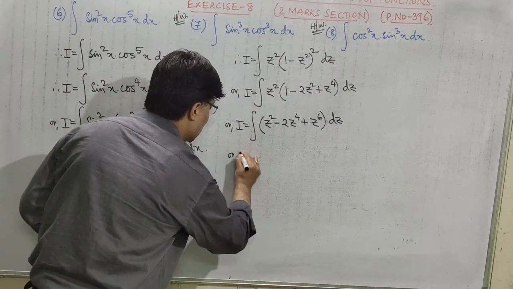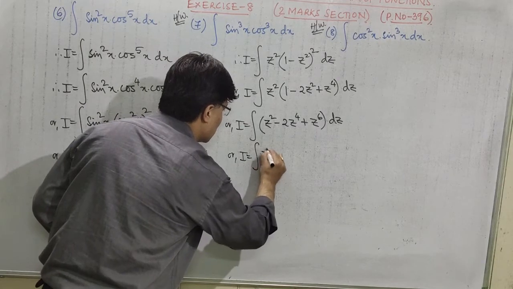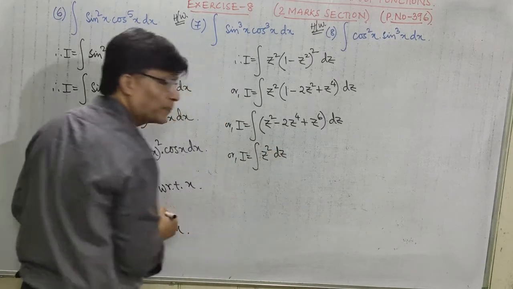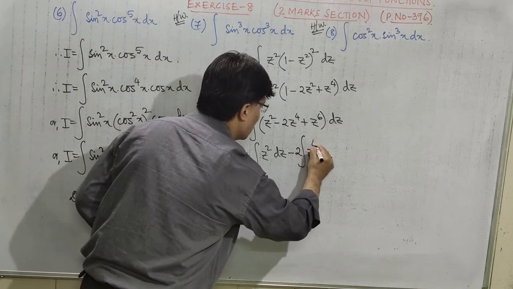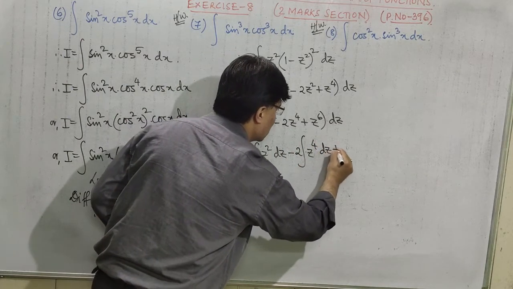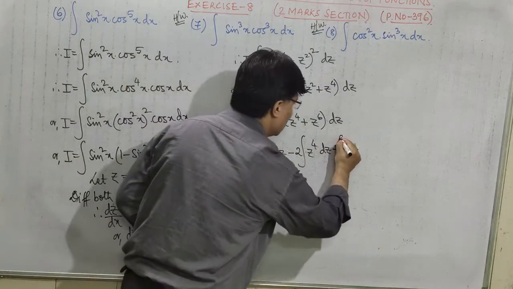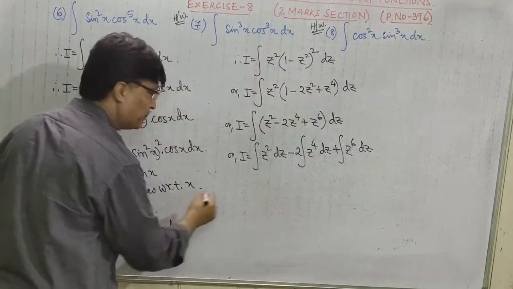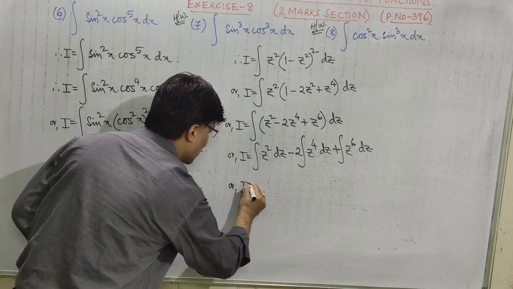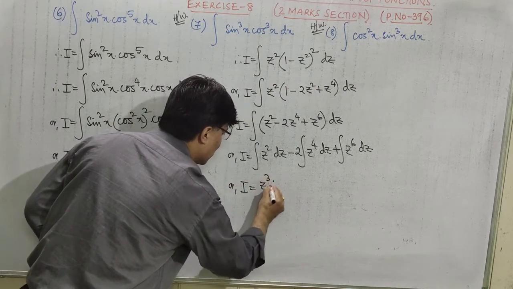So I is equal to integration of z square dz, then minus 2 integration of z to the power 4 dz, plus integration of z to the power 6 dz, right? So I is equal to, what is integration of z square?